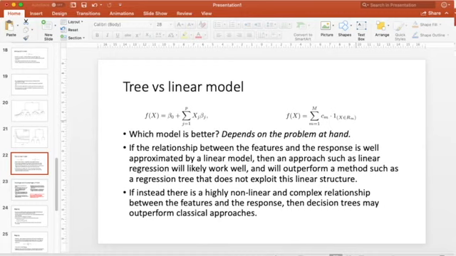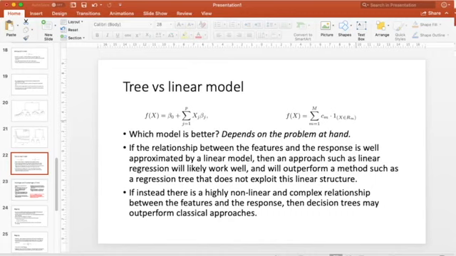If the relationship between the features and the response, or between the x variables and the y variable, is well approximated by a linear model, which means that the relationship between x and y is linear, so a 1 unit increase in x will increase y by beta units, okay?